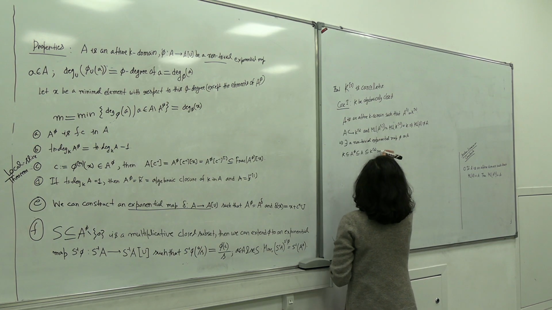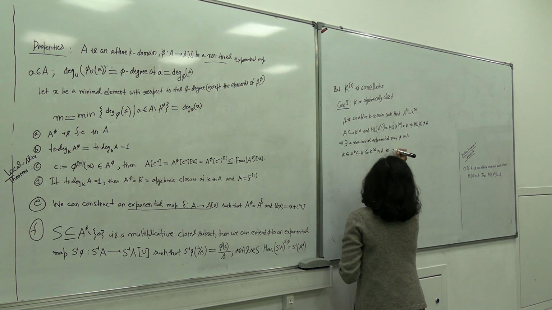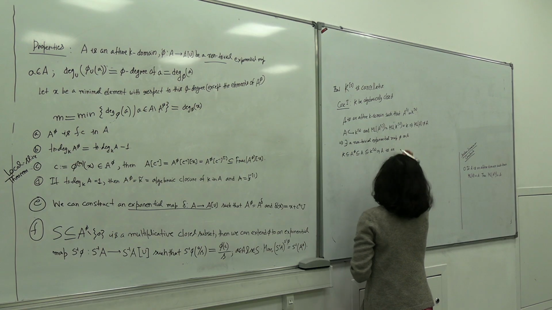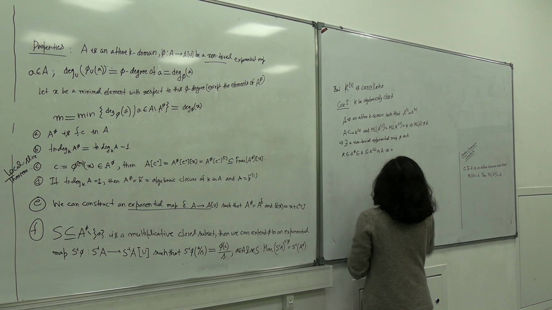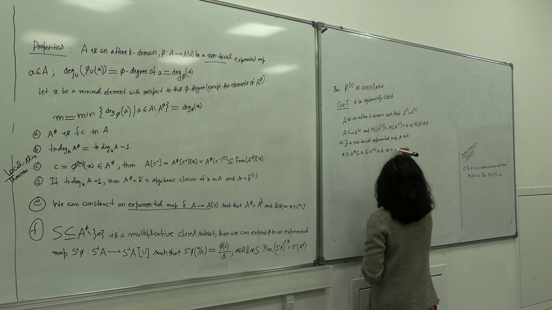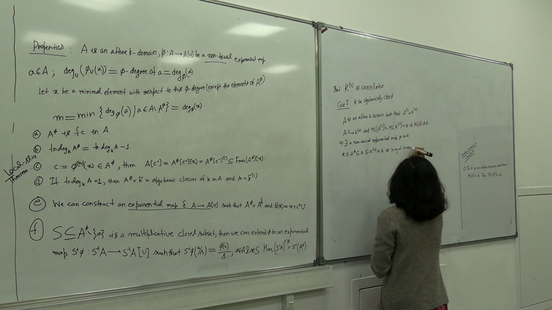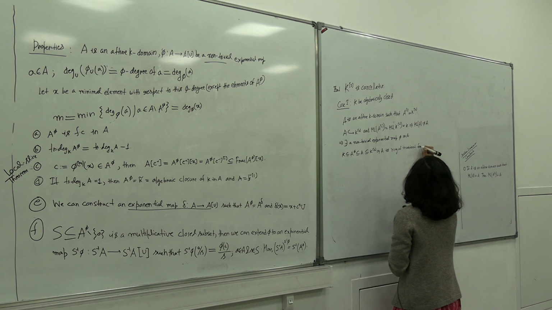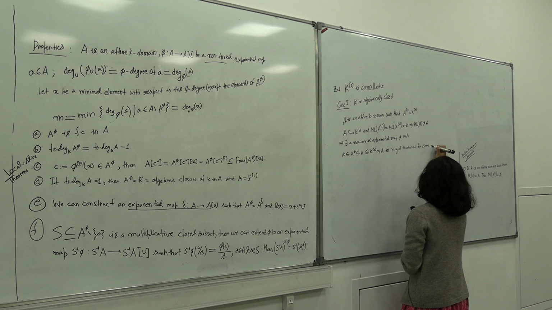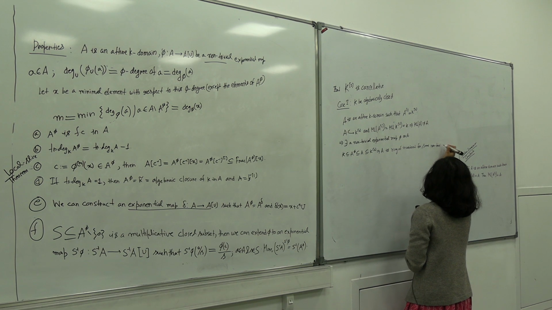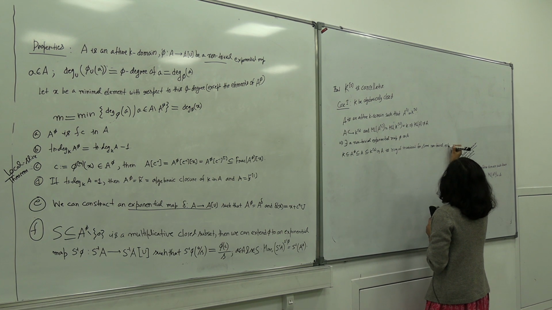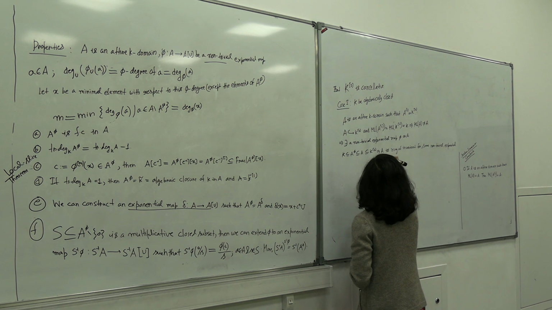So this implies that A is again a ring of invariants for some non-trivial exponential map on K3.